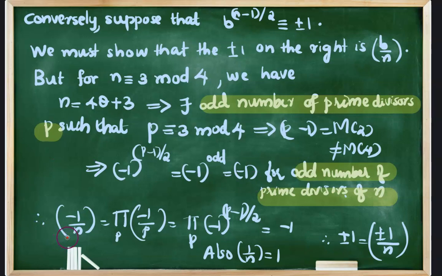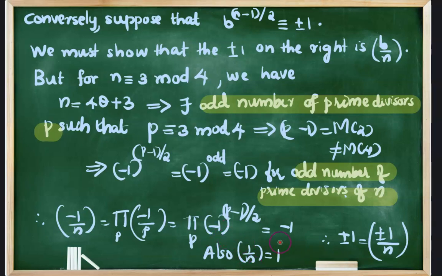Now, we know that the Jacobi symbol (-1/n) can be expressed as a product over all prime divisors p of n of the Legendre symbol (-1/p). So, it will be the product over all prime divisors p of (-1) raised to (p-1)/2. And for those prime divisors which are congruent to 3 modulo 4, this power will be equal to -1, and for all other prime divisors that will be equal to plus 1.